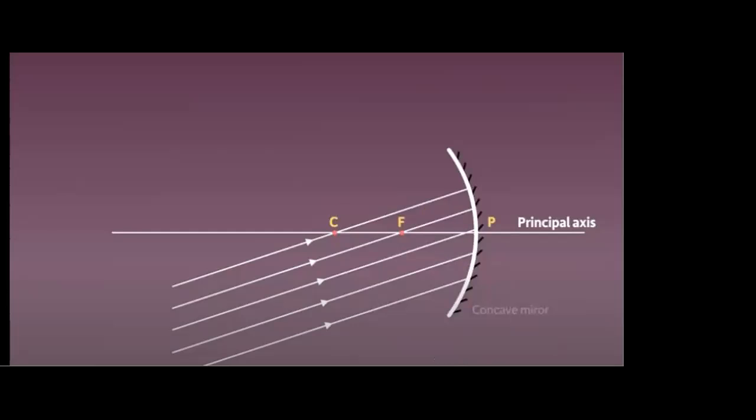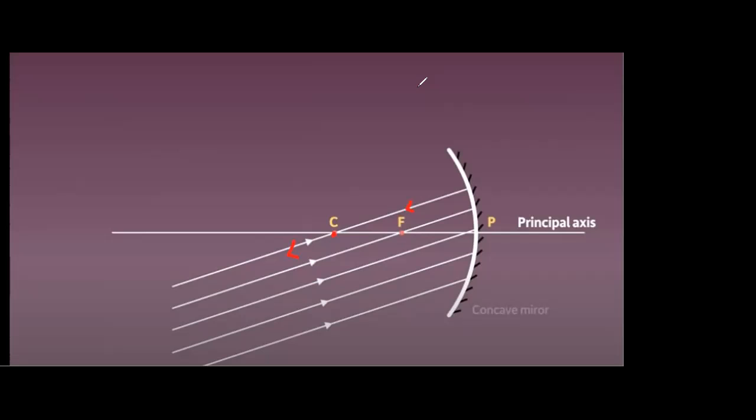Since this is the center of curvature, the normal is this only. So the ray which passes through the center of curvature will be reflected in the same direction. So this is the ray which passes through the center of curvature.